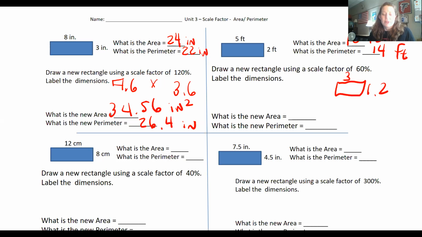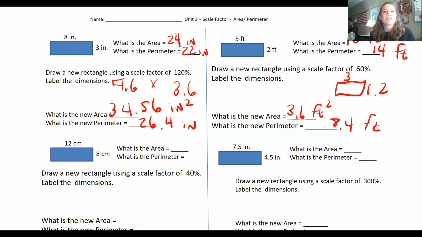So our new area is going to be 3 times 1.2, which is 3.6 feet squared. And our new perimeter is going to be 8.4, which is crazy because you would think the area has to be bigger than the perimeter, but not always. Not always.